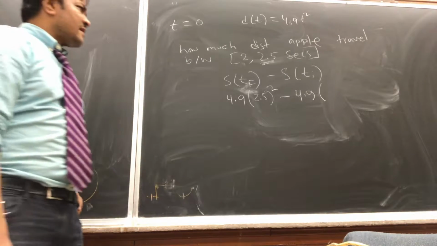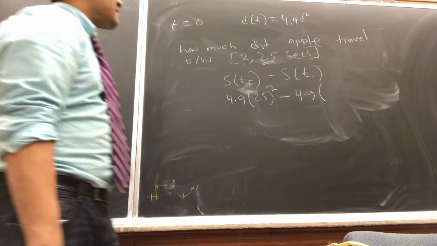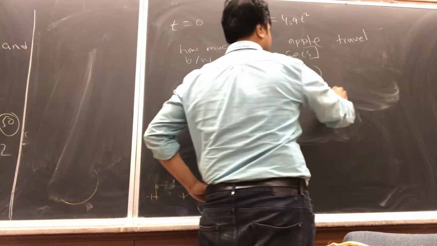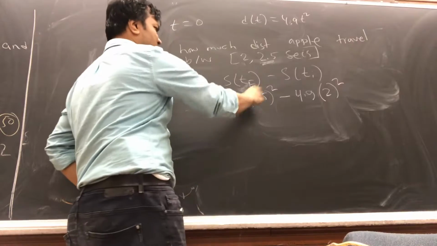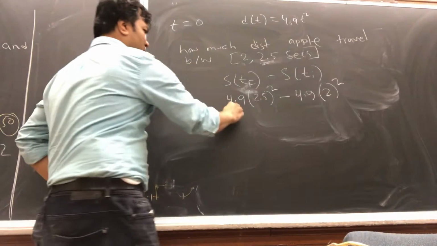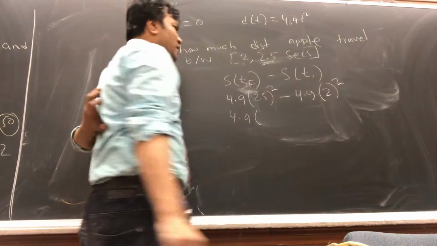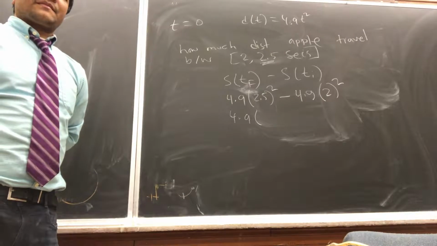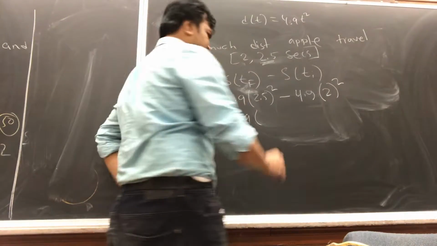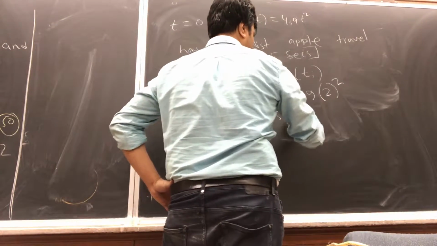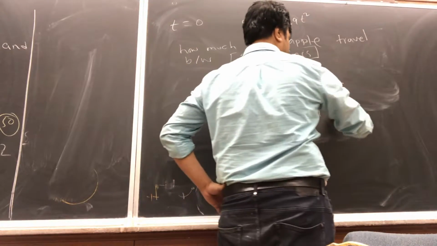What should I put over there? 2 squared. Now can someone give me this one, please? 4.9 times 2.5 squared is how much? 6.25. Yeah, 6.25 minus 4.9, this one I think I can do.